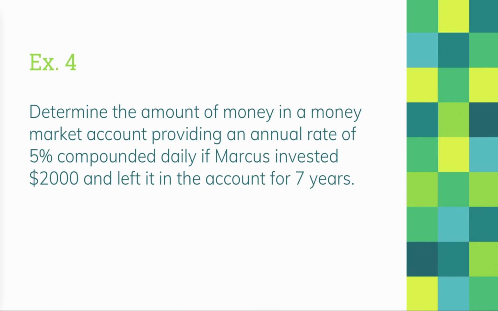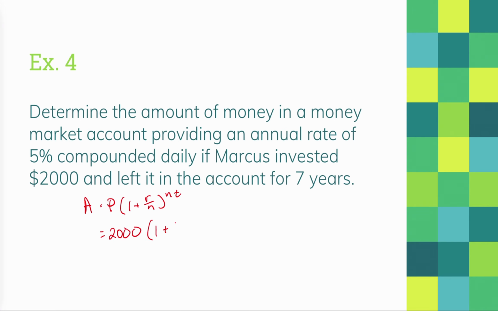Find the amount of money in a money market account providing an annual rate of 5% compounded daily if Marcus invested $2,000 and left it in the account for 7 years. So P times (1 plus r over n) to the nt. Our principal is $2,000.